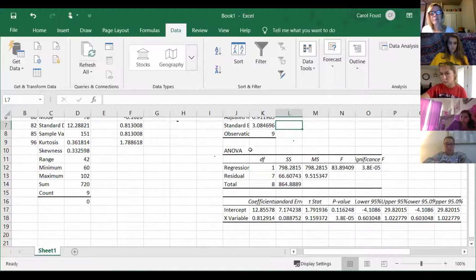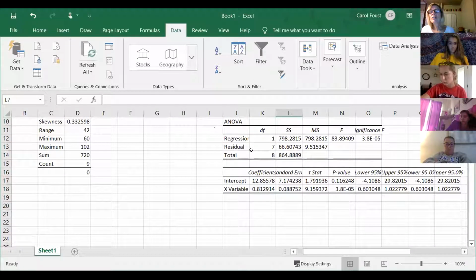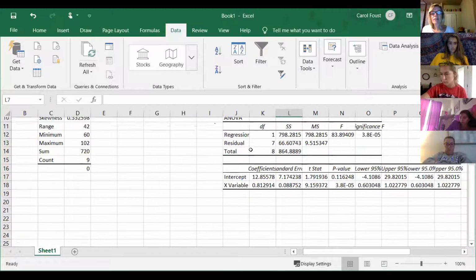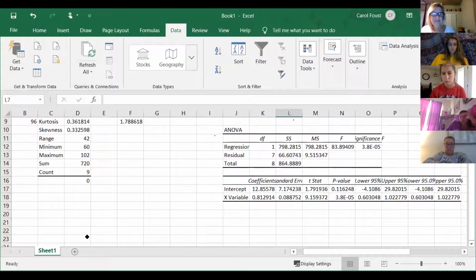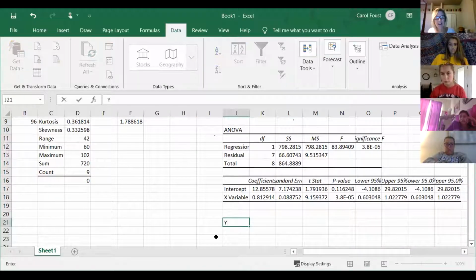It's very high. So we can do a regression equation here, y equals mx plus b. We want to predict with y. If I wanted to predict what somebody was gonna get on the final, I could use the slope.